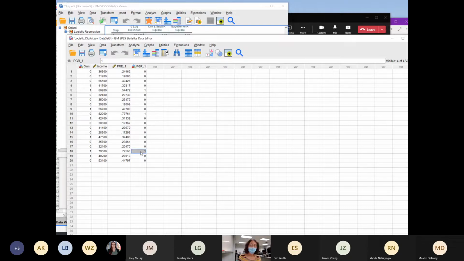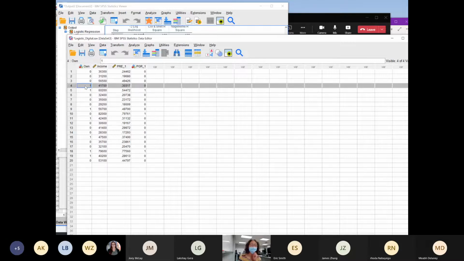Okay. Sometimes the computer predicts correctly. For example, case 18 is predicted correctly, but in case 4, the actual case, this person owns a digital organizer, but the prediction said no, prediction is 0. Why predict 0?